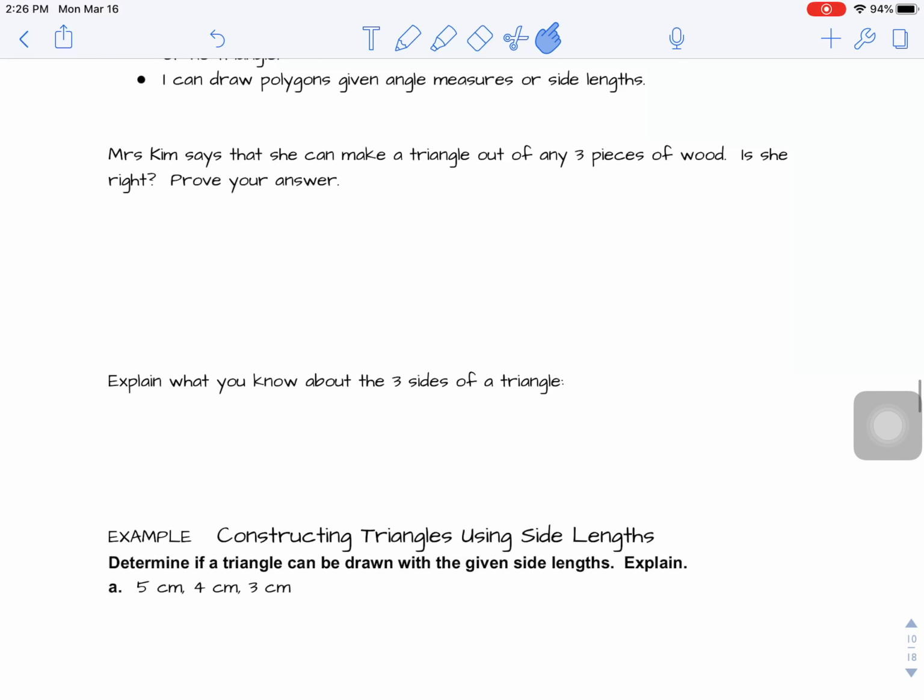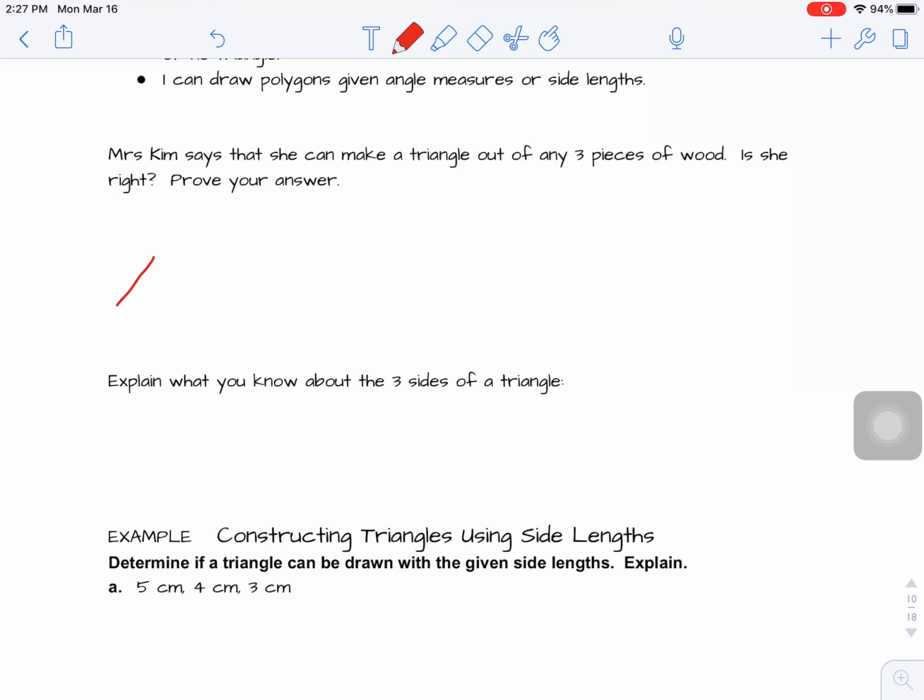So let's look at our first information here. It says, Mrs. Kim says that she can make a triangle out of any 3 pieces of wood. Is she right? Prove your answer. So, unfortunately, Mrs. Kim is not right in this case for a couple of reasons.